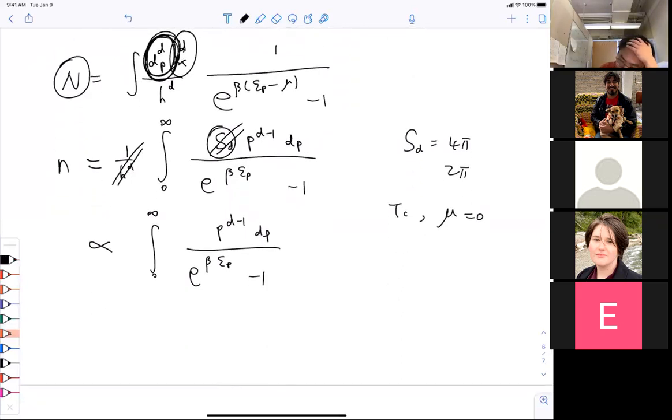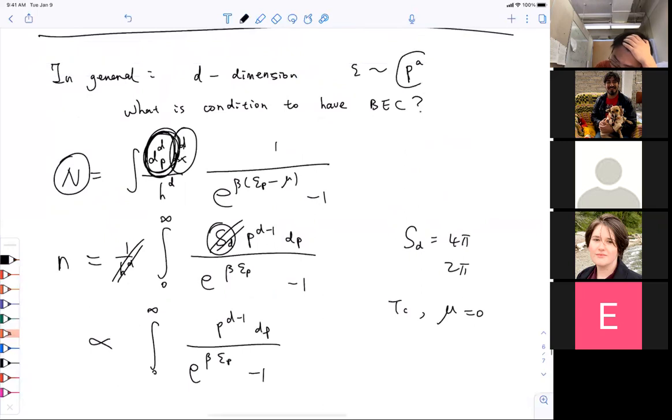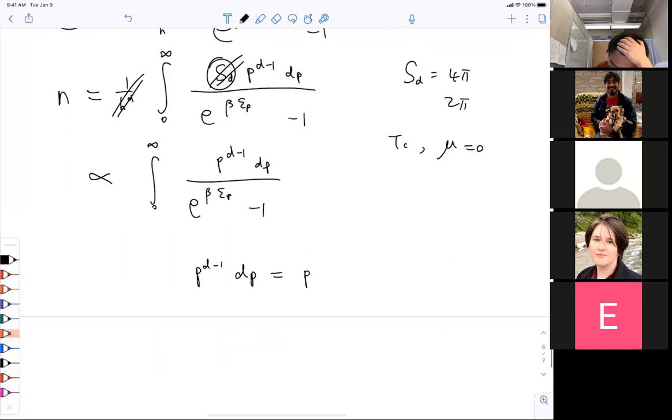Similarly, we want to convert this dp to d epsilon. The trick we usually use: we know the spectrum is proportional to p to the A power, so I want p to the A minus 1 power in front of this dp, but to keep it invariant, we multiply by p to the 1 minus A.